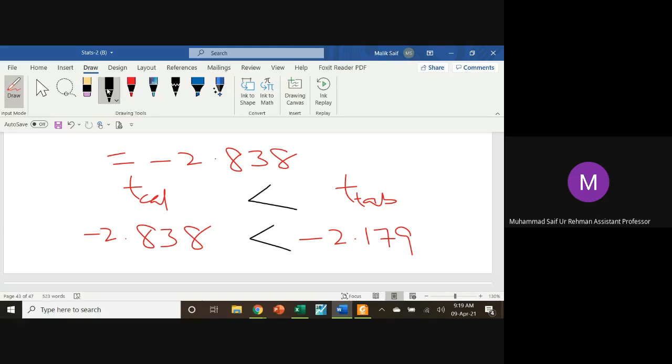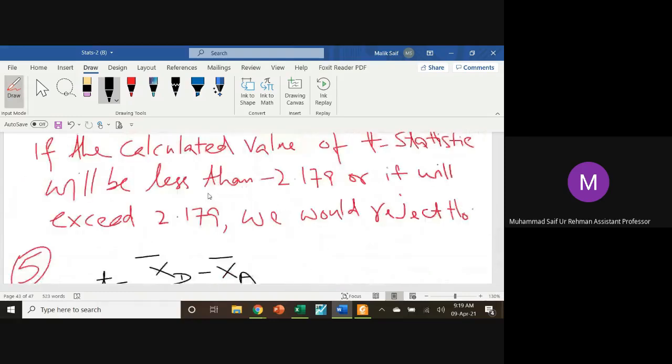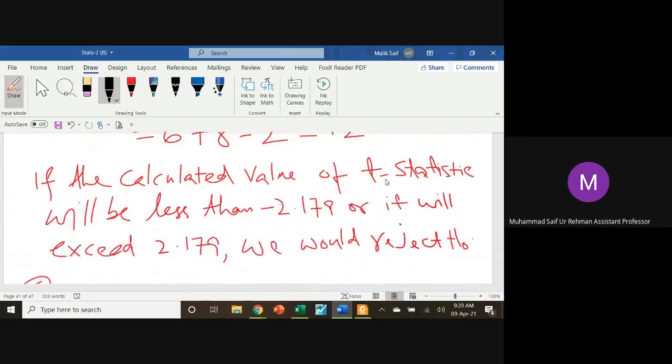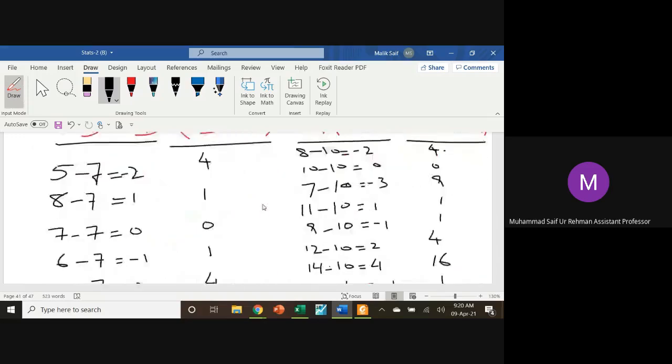And what was the decision rule? The decision rule was, if the calculated value of the t statistic is less than this, we would reject H naught. Is it less than this?